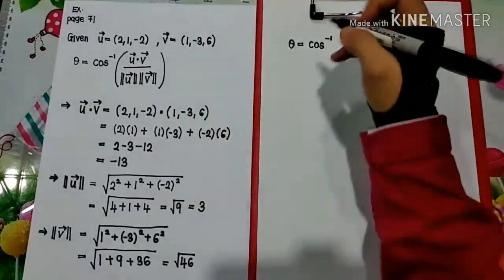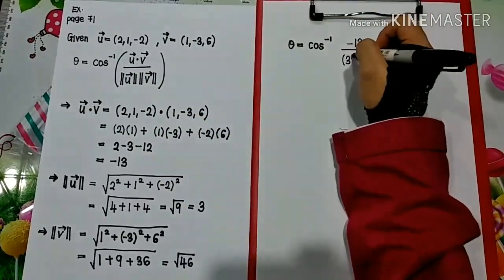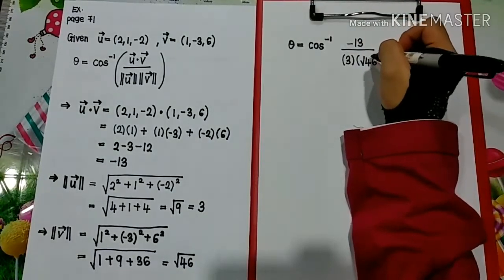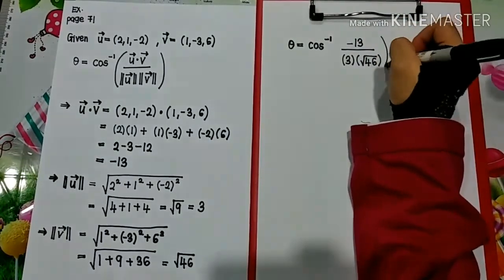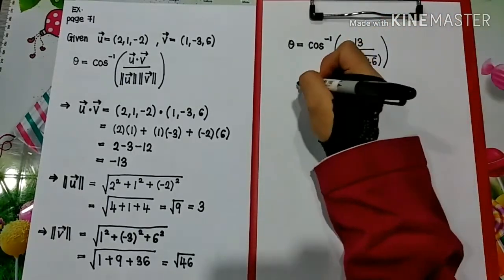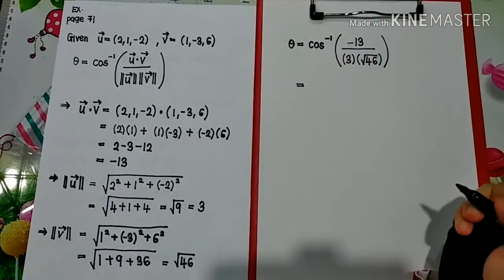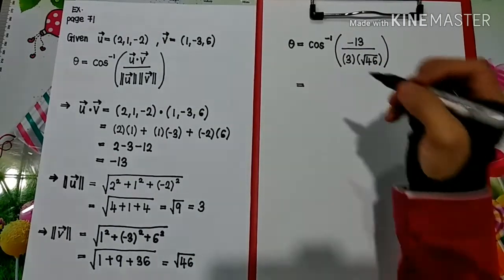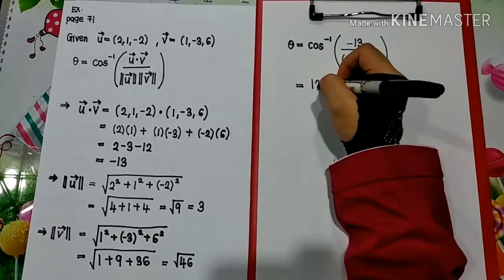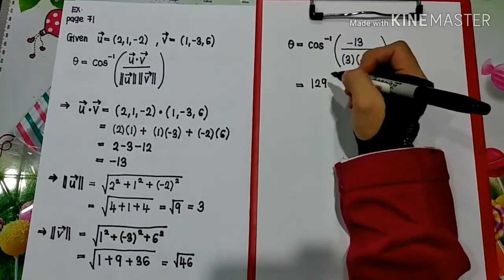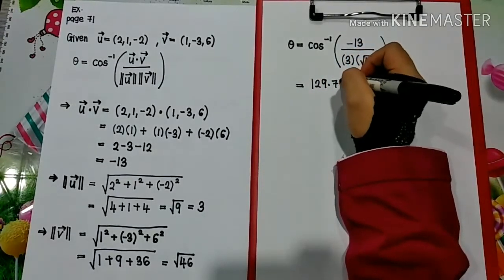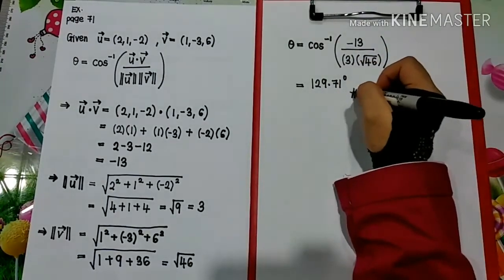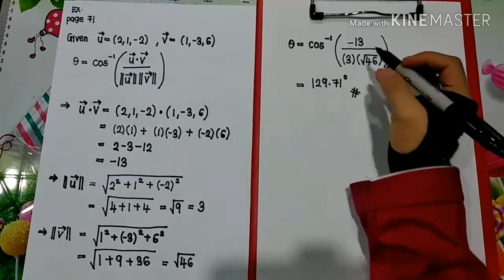The magnitude of u is 3, multiplied by the magnitude of v, the square root of 46. You can solve this now using your calculator, and you will get the answer 129.71 degrees. So you get the angle between u and v.